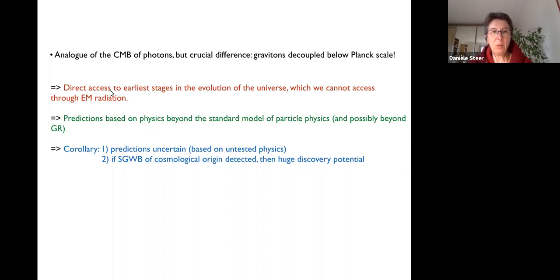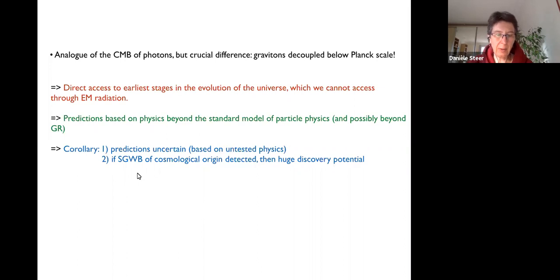But because we're talking about the earliest stages in the evolution of the universe, we're talking about predictions based on physics beyond the standard model of particle physics, and possibly also beyond general relativity. The corollary of that is that by default, any predictions that we make will be uncertain because they're based on unknown, or at least untested, physics.